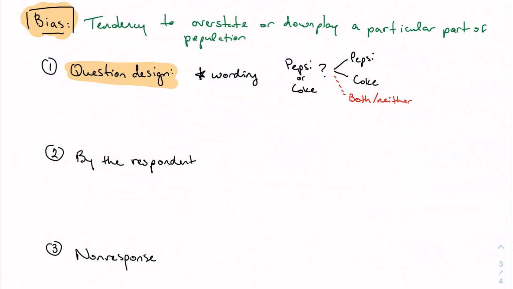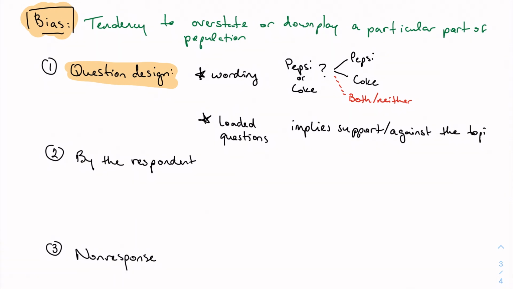Another example would be what we call loaded questions. And you see these all the time in political polls. That would be including some sort of adjective that implies support or not support, I guess, or being against whatever you're asking about, against the topic, I'll say.